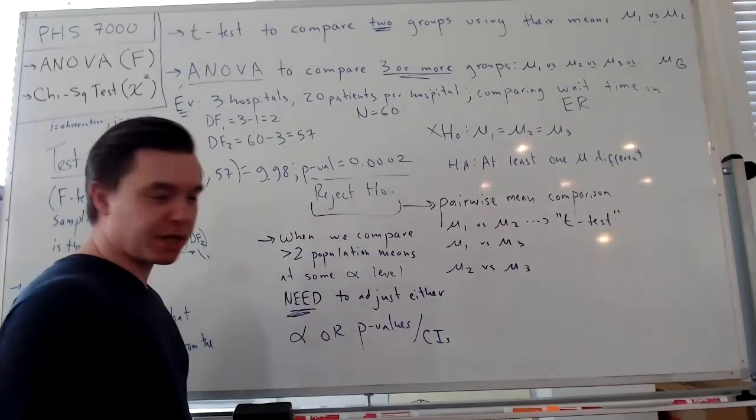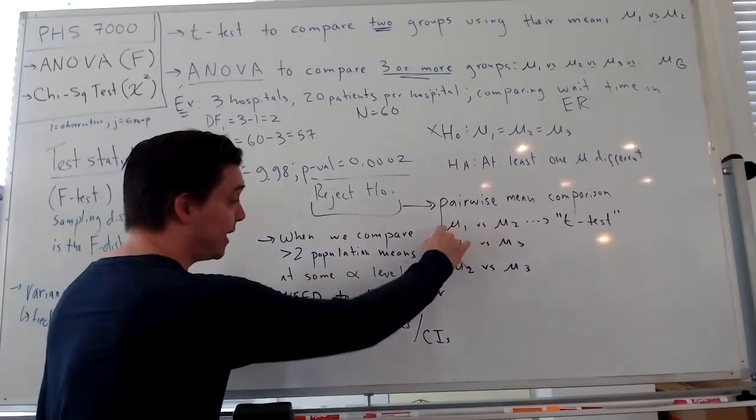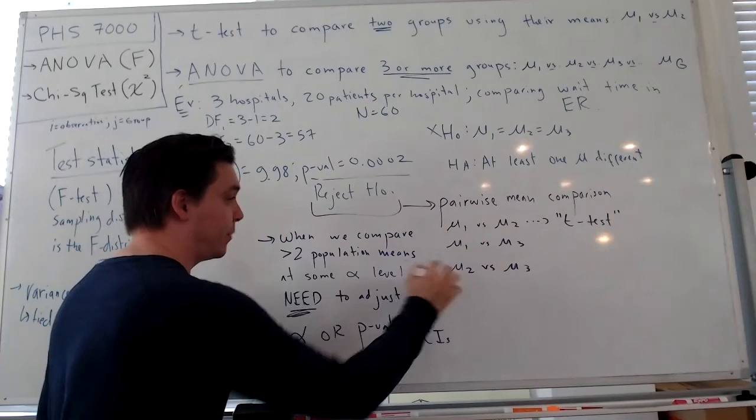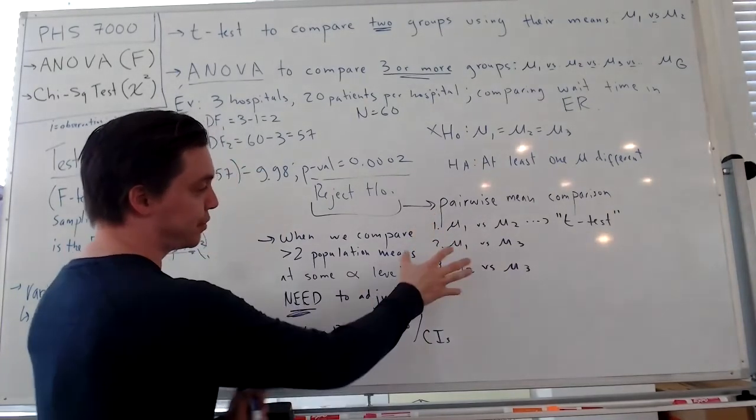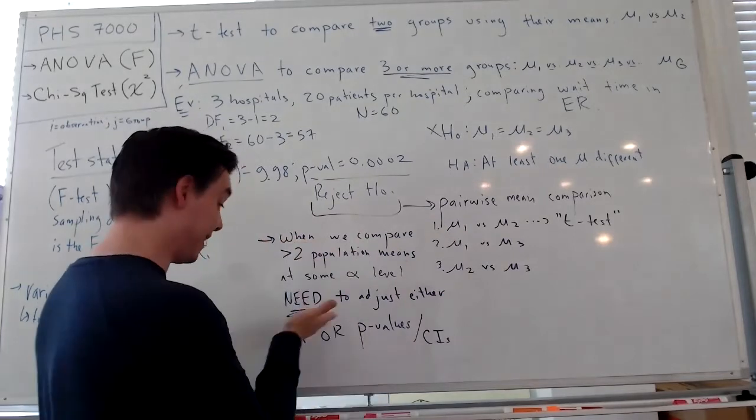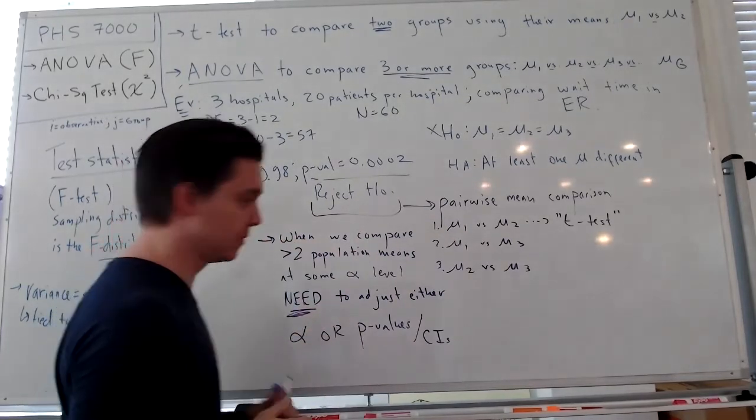Why do we need to make this adjustment? Because if I am performing a lot of these comparisons, I'm going to falsely reject alpha % of them, right?